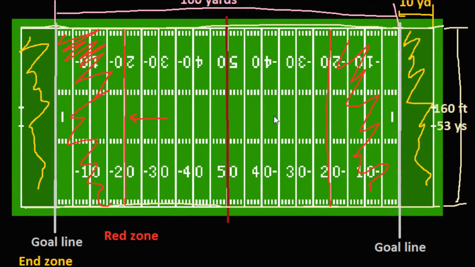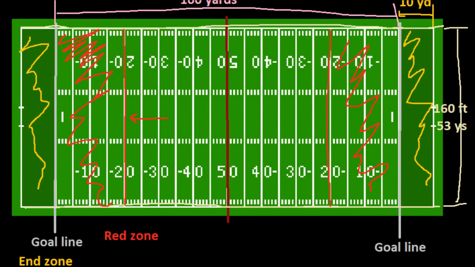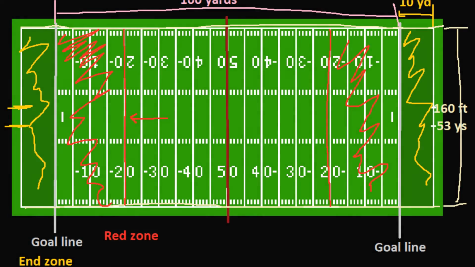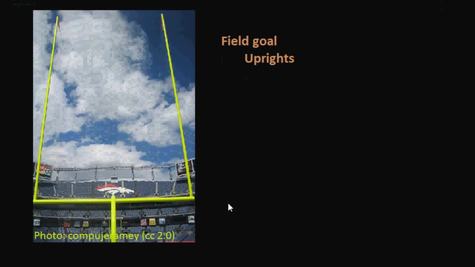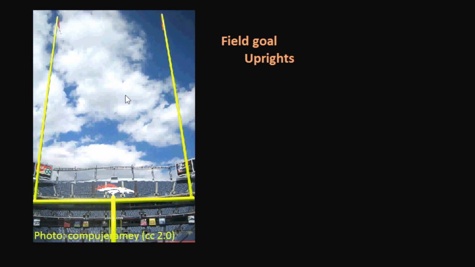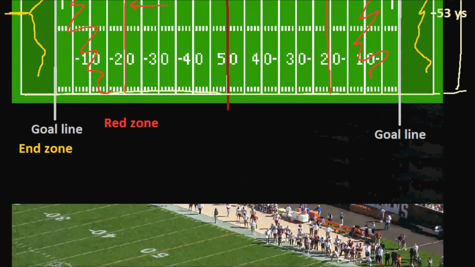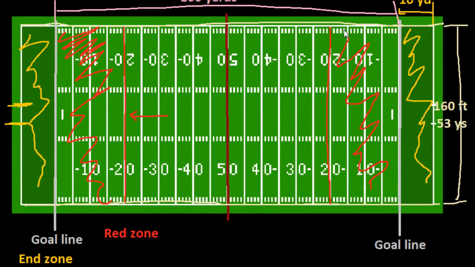You can kind of see the little markings here. They would be from here to here. We'll get into the point of these eventually. The ball will be kicked through the uprights. If the ball does go between the uprights, then that will mean points for the team who kicked it. So that's the basic overview and layout of a football field.